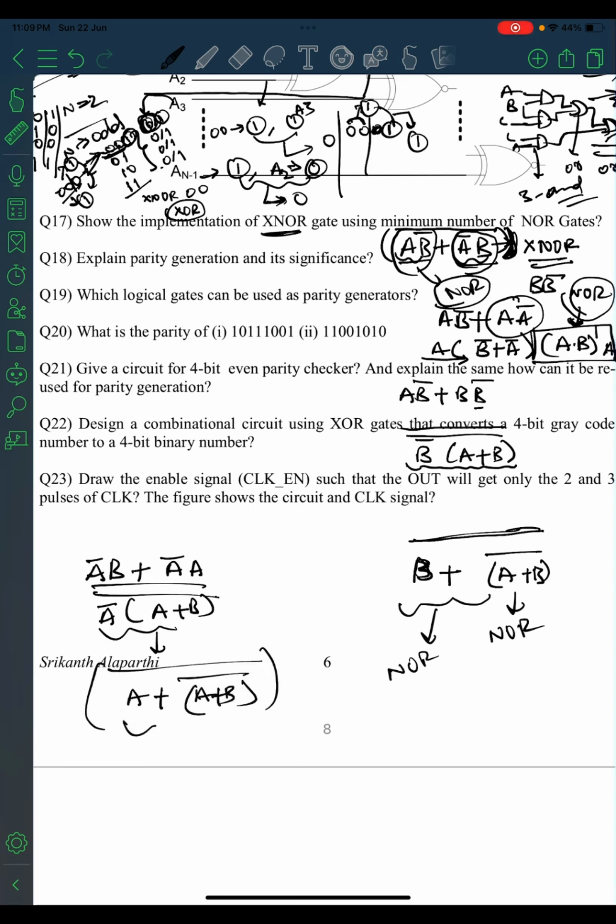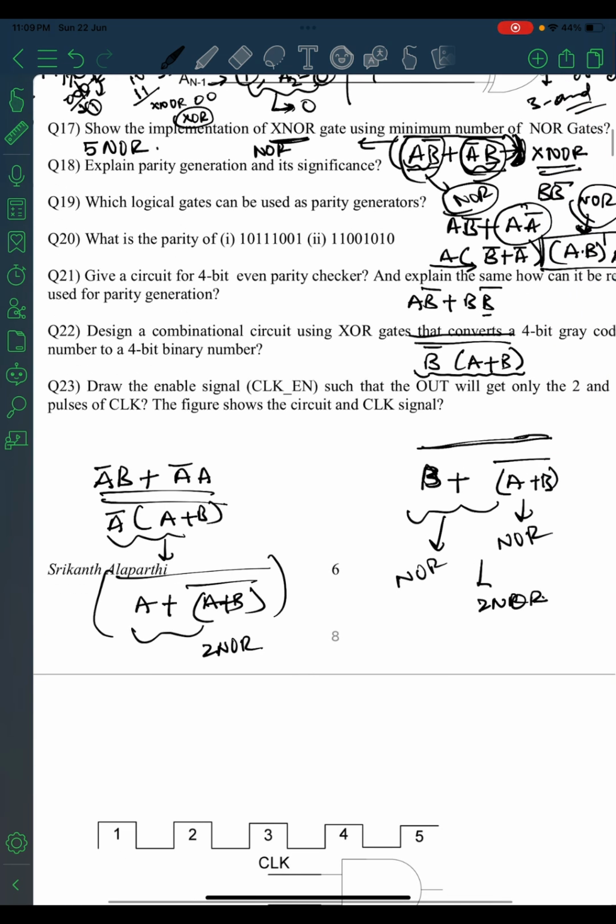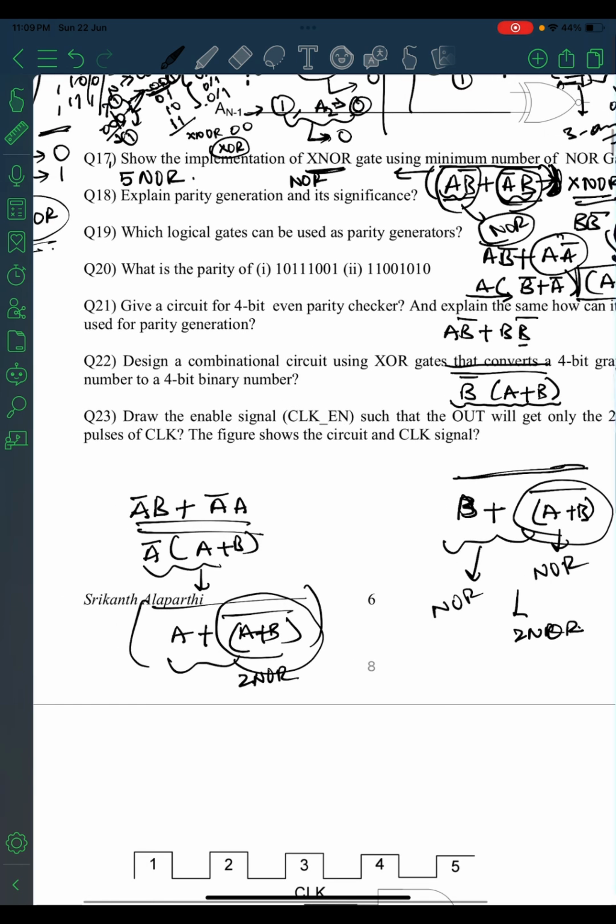This is a 2-input NOR, this is a 2-input NOR, and this entire outside thing is a single NOR. So by using 5 NOR gates, you can do it, but again, the same mistake: the A plus B whole bar NOR gate is repeated twice. So by using only 4 NOR gates, you can implement XNOR.